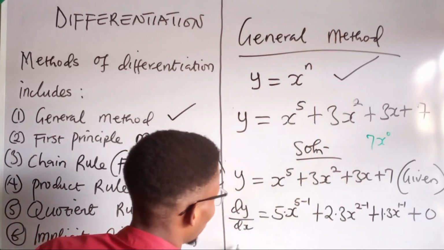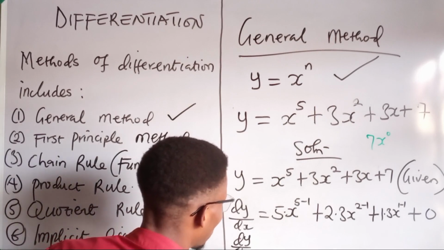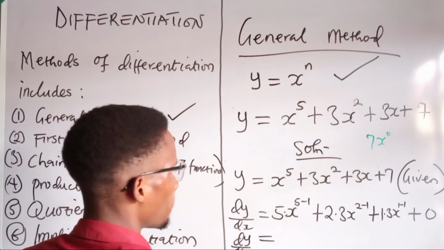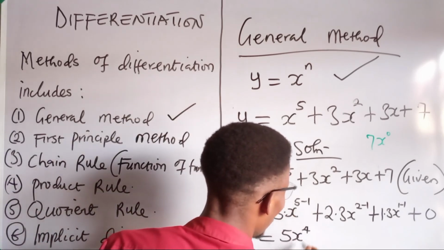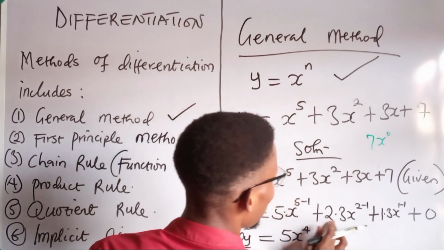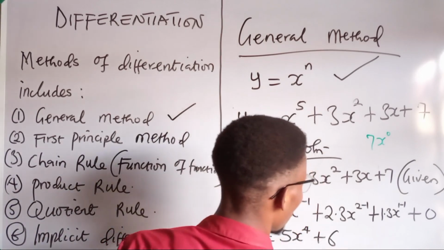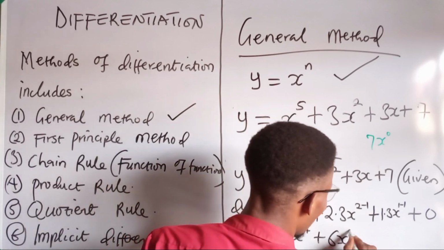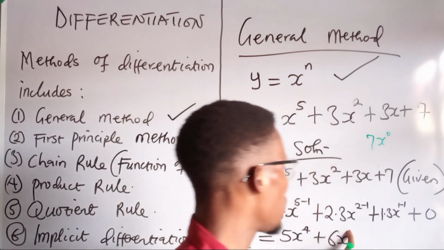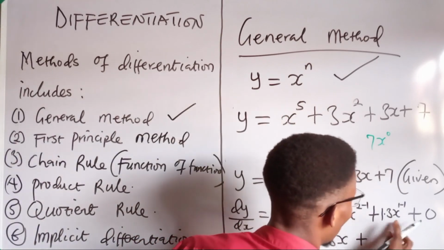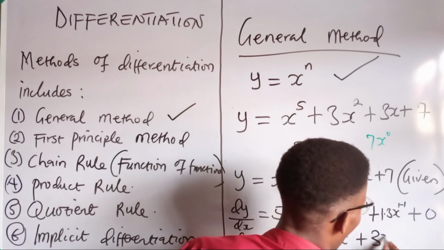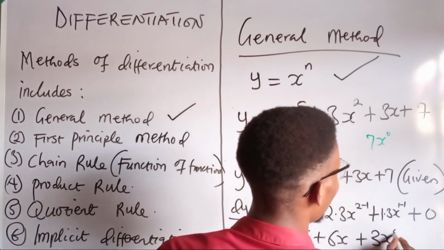So now we have that dy over dx is equal to 5x raised to power 4 plus 2 multiplied by 3 is 6x raised to power 1, and there's no need writing 1 again. Then plus 1 times 3 is 3x raised to power 0.